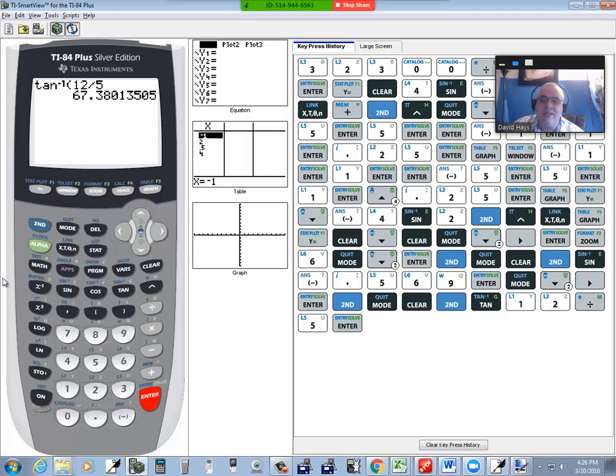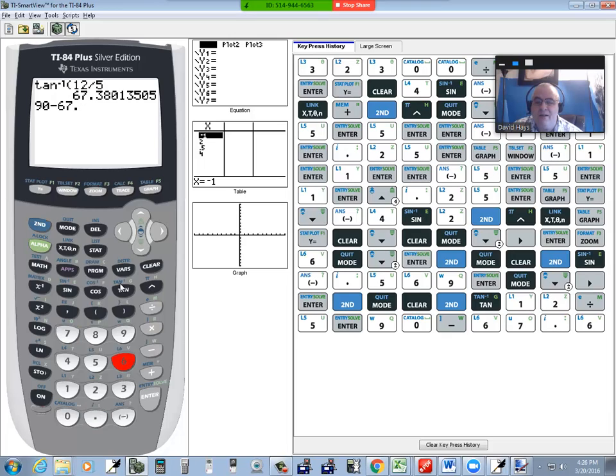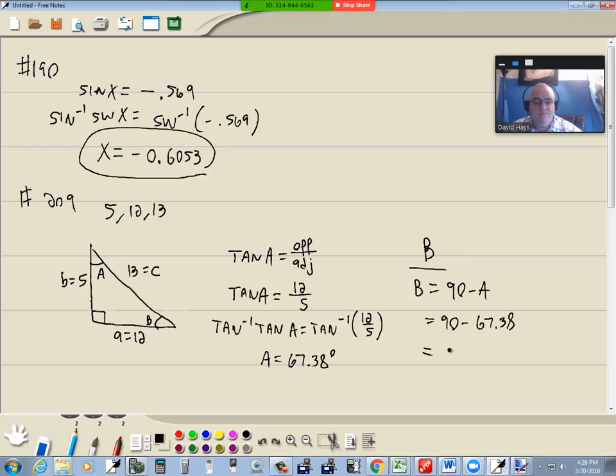I'm not very good at basic math, so let me check it. 90 minus 67.38 is 22.62. And those would be our two angles.